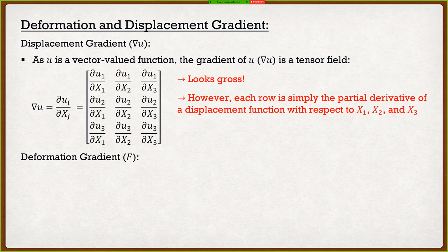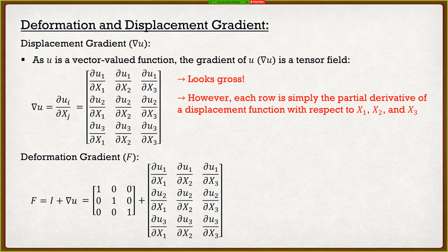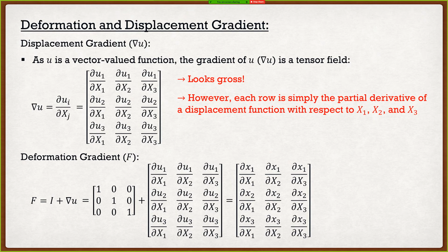The second thing that I threw at you guys was the deformation gradient F. Now, F is actually going to be very similar to nabla u, in that we already said that F is equal to I, which is the identity matrix, plus that nabla u. So from there, I can write out the identity matrix, which is simply a diagonal matrix full of ones, plus nabla u, which we defined above, and we get the following, where it's basically equal to the exact same thing as our displacement gradient, but instead of taking the partial derivatives of the displacement functions u1, u2, and u3, we're taking the partial derivatives of the position functions.